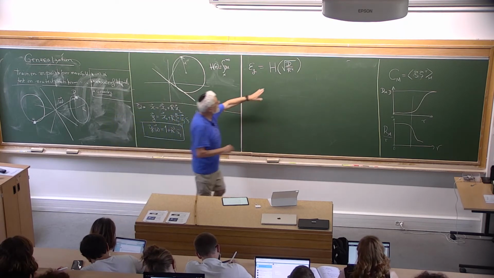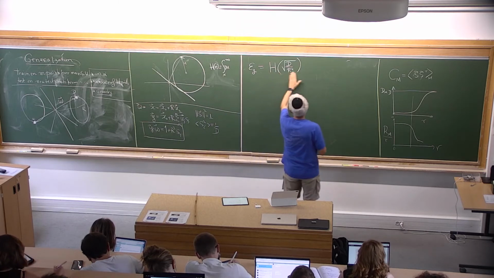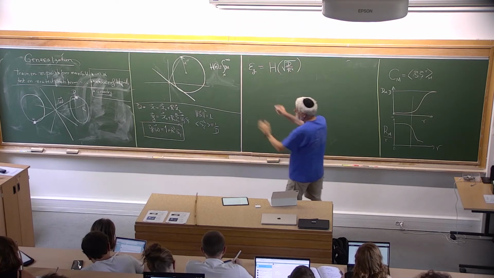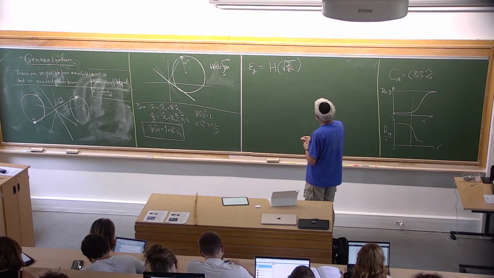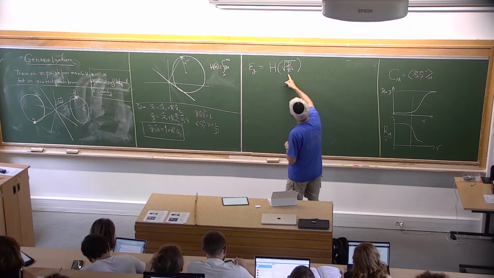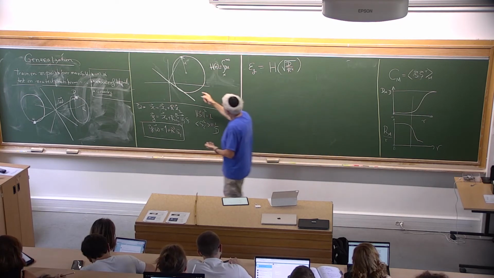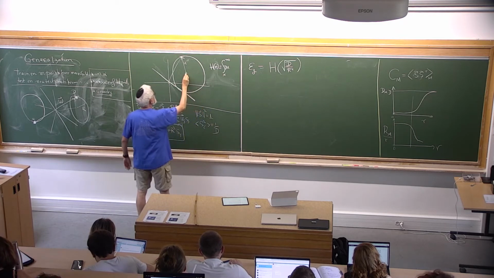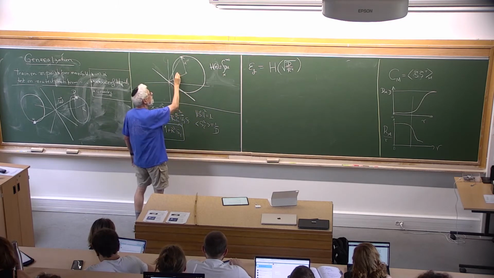Okay, the way I want to write it is slightly different, because I want to generalize it to a more general case. What is this R? R is normalized to the distance of the sphere from the origin, which I decided to call 1.